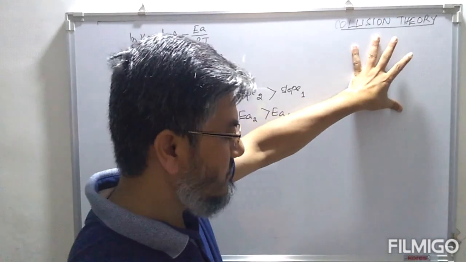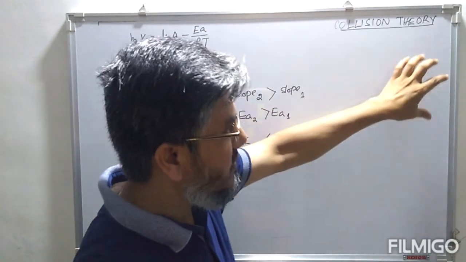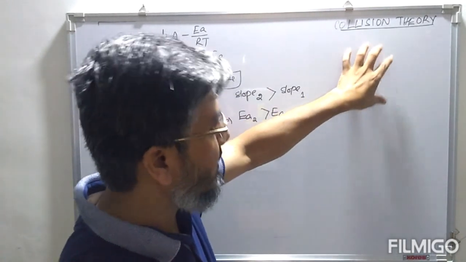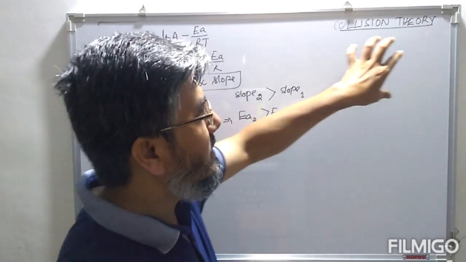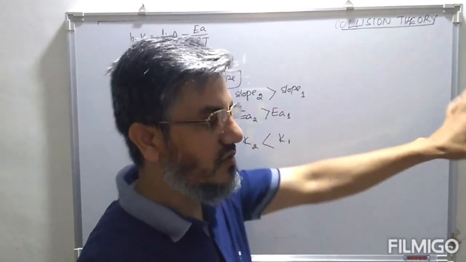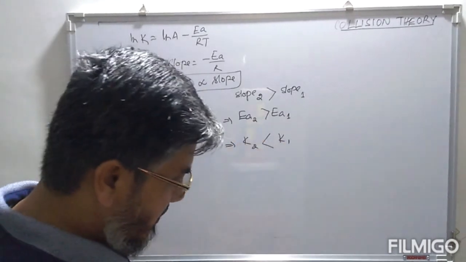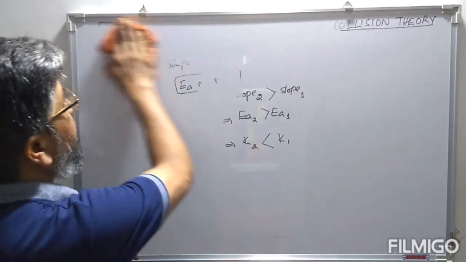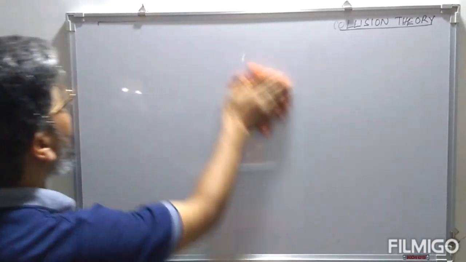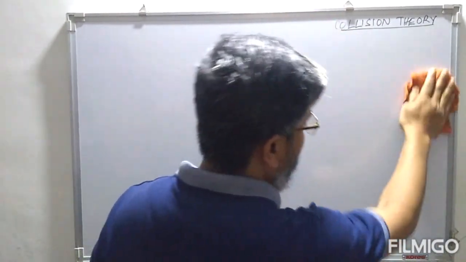During this collision, molecular rearrangement takes place, and during this rearrangement some bonds are broken and some new bonds are formed, and the reacting molecules are converted into products. So what is happening during collision is molecular rearrangement, and during rearrangement, bonds break and new bonds form, leading to product formation.